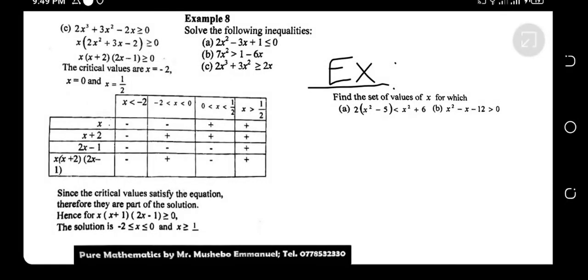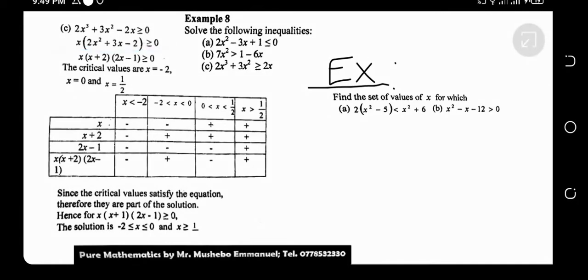Part C says 2x cubed plus 3x squared minus 2x greater than or equal to 0. So here, when you check, we can see the common factor in all of them, which is x. So we factorize out x into a bracket: 2x squared plus 3x minus 2, greater than or equal to 0.